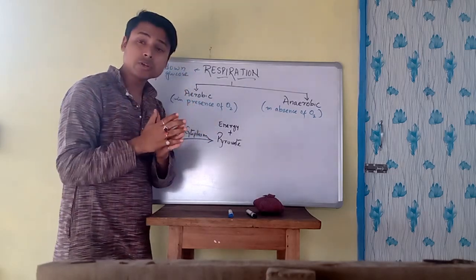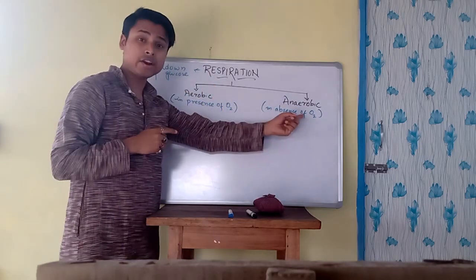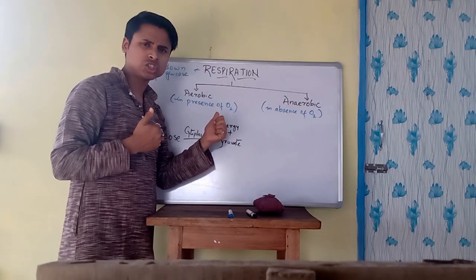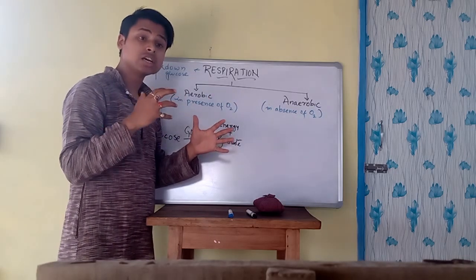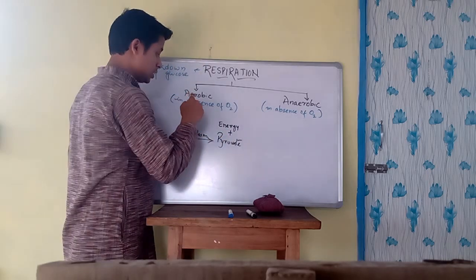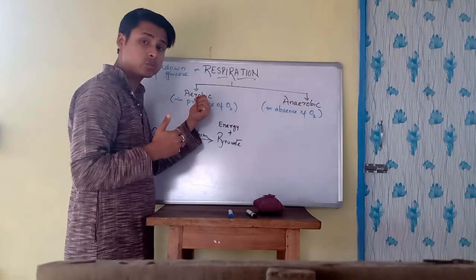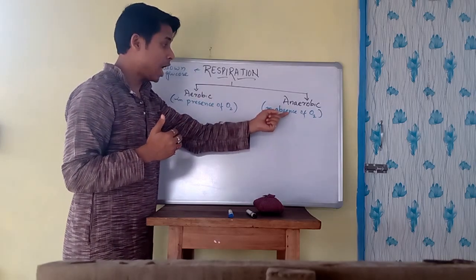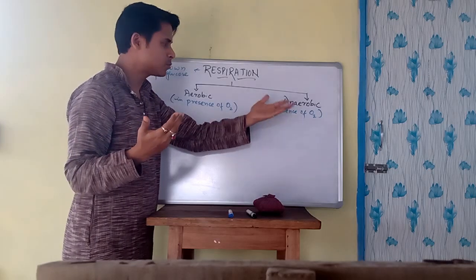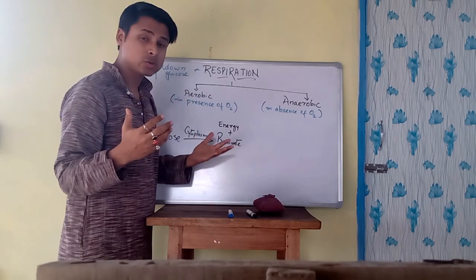So respiration is divided into two categories, aerobic and anaerobic. As you can see, in the aerobic process of respiration, oxygen is involved to break down the glucose. So when glucose breaks down in the presence of oxygen, it is known as aerobic respiration. And in the absence of oxygen, when glucose breaks down, it is anaerobic respiration.